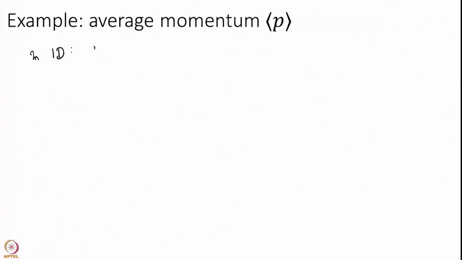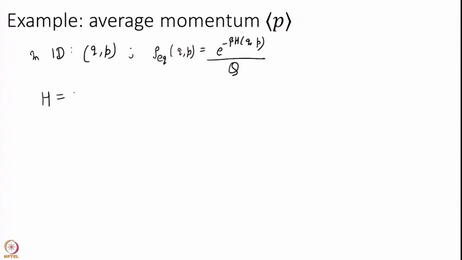So, we will use the prescription that we had. In 1D, q comma p, and rho equilibrium of q comma p is given by e to the power of minus beta h of q comma p divided by the partition function Q. We will simplify this a little bit. My Hamiltonian is given by p square over 2m, which is the kinetic energy, plus V of q.